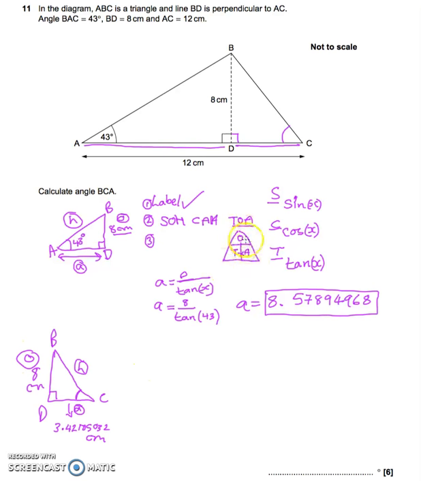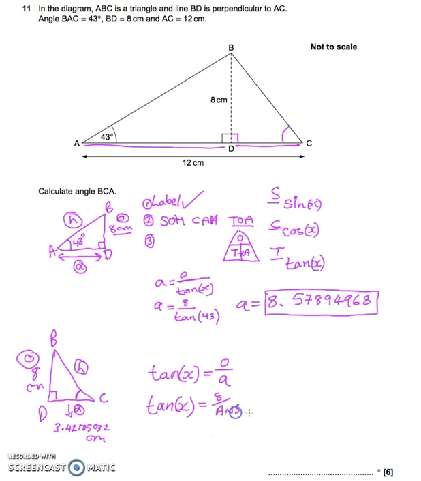And again, we've got the formula triangle, but this time we're trying to work out T, tan of the angle. So I'm going to write out tan of X, and that's the thing we do not have at the moment, is equal to the opposite over the adjacent, O over A. So substitute our numbers in: tan of the thing we're trying to find, the angle, equals 8 over the answer that you've got on your calculator screen.